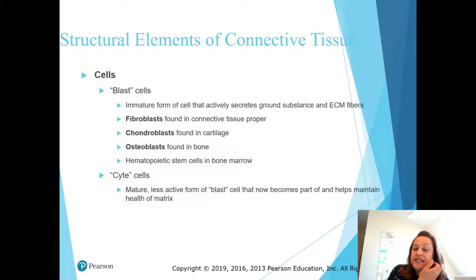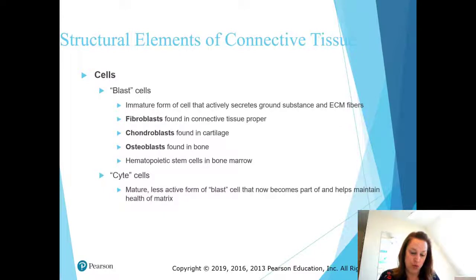The different types of cells. Each type of tissue is going to have a different type of cells. If you see the word blast, it's an immature cell that's actively secreting and creating. If you see the suffix "cyte," that means it's a mature, less active cell. It's about maintenance. So when we're talking about bones, osteoblasts, osteo is the root word for bone, or the Latin for bone.